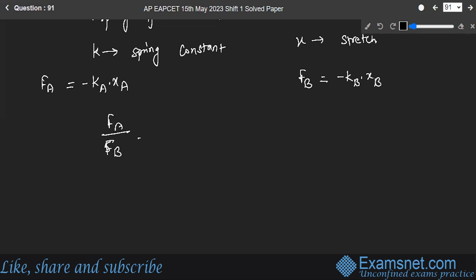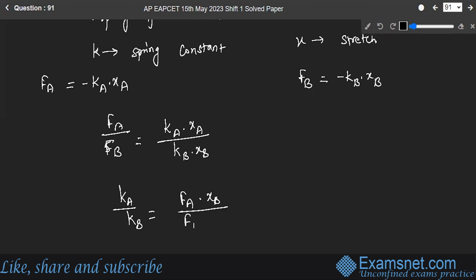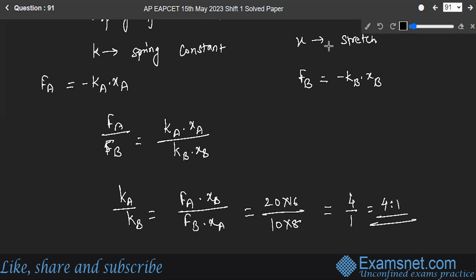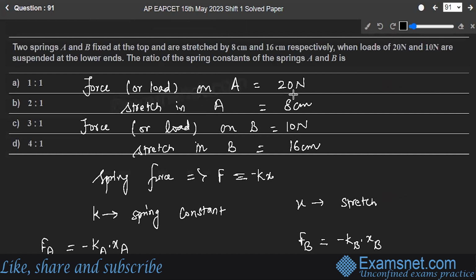FA upon FB is, minus minus will cancel, KA into XA upon KB into XB, or the ratio of their spring constants is equal to FA into XB upon FB into XA, which is 20 into 16 divided by 10 into 8, or this is equal to 4:1. So this is it, 4:1. We have option D as the right answer. Hope you understood this. Next is question number 92.